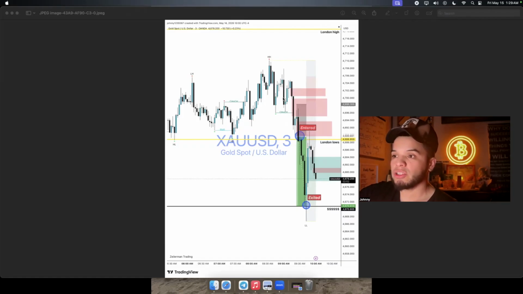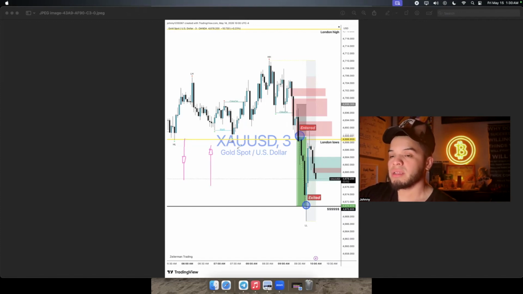But what I like to look for is specifically what the candlesticks are printing. Are we printing something like this where we have a small body and a massive wick? Are we printing something like this where it's a small body, a small wick at the high, but a massive wick at the low?